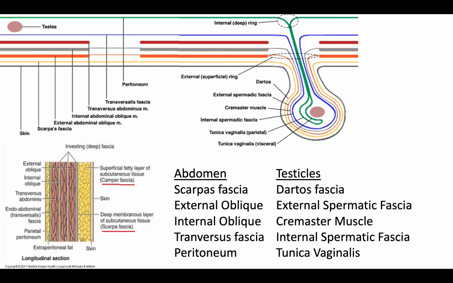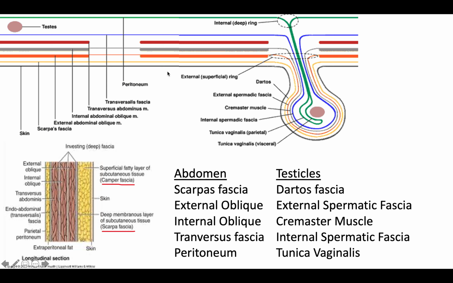As you may learn in embryology, the testicles start originally in the abdominal cavity and then descend via the gubernaculum ligament. The gubernaculum, which is an awesome name for a ligament, as it's dragging the testicles down into the scrotum, will also take down these different fascia layers as it goes through the inguinal canal out into the scrotum. And as it's dragging these layers, they now change names.